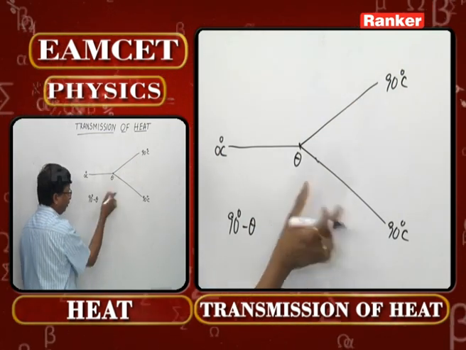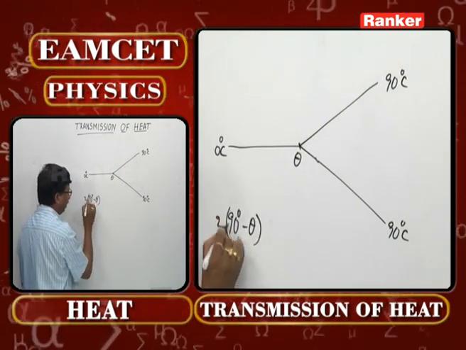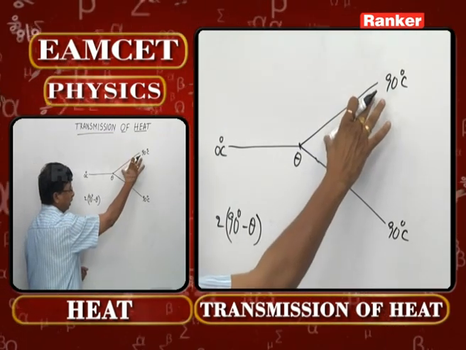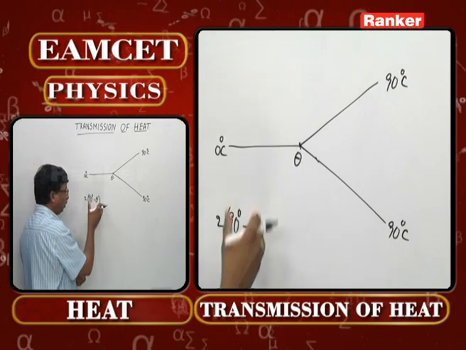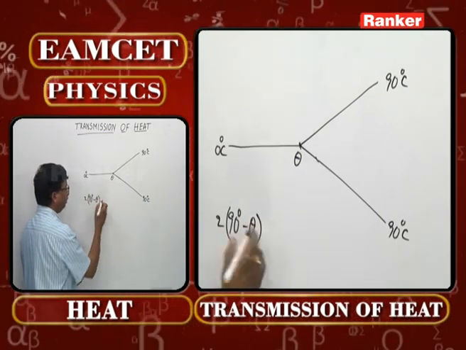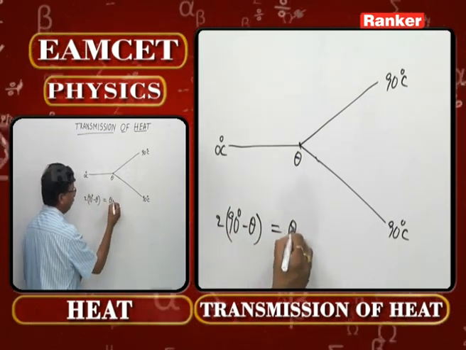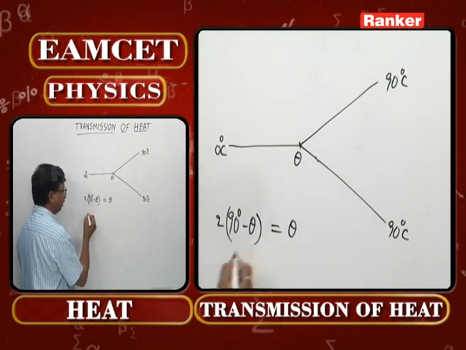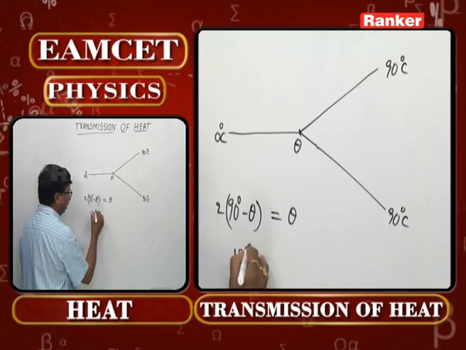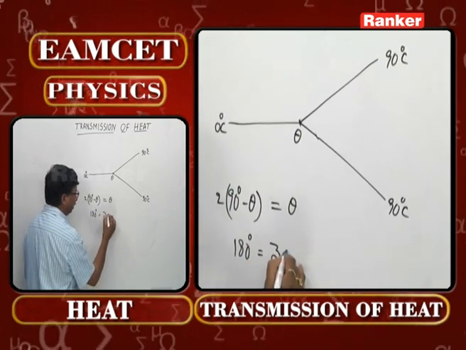The same is the value for this also, so I write it into 2. So the temperature difference here is 90 minus theta, and here also 90 minus theta. Total put together, 2 into 90 minus theta should be equal to theta minus 0, that is simply theta. So you can write 180 must be equal to 3 theta.